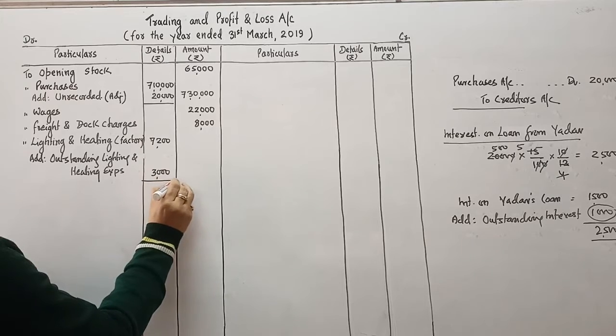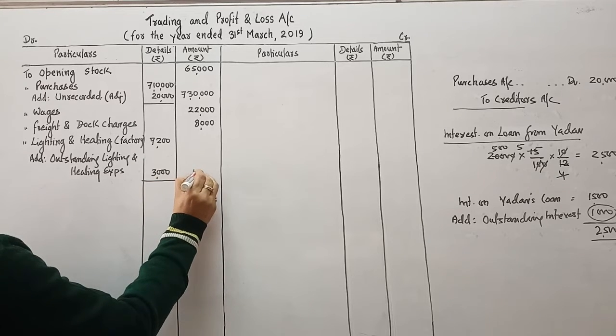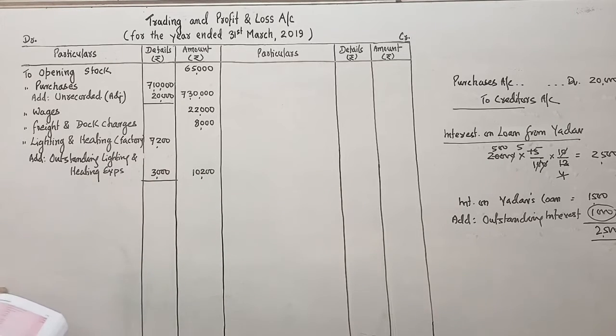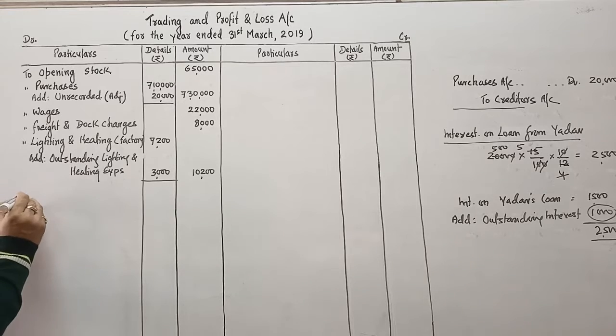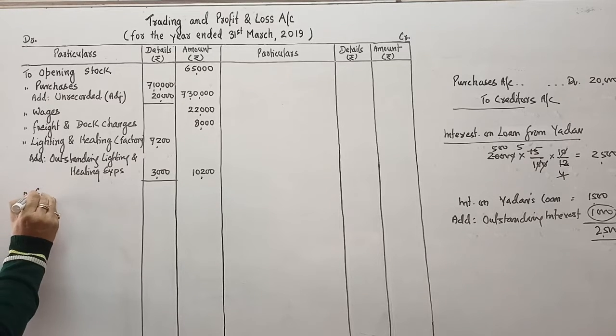So total lighting and heating is 10,200.